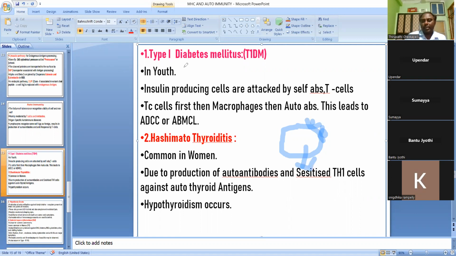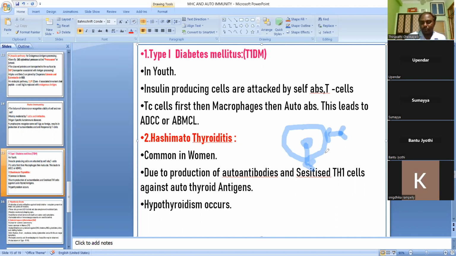Here what happens, this receptor structure is modified. So antibodies are produced against these receptors, self antibodies come and attach here. That continuously stimulates this thyroid cell to produce thyroxine.